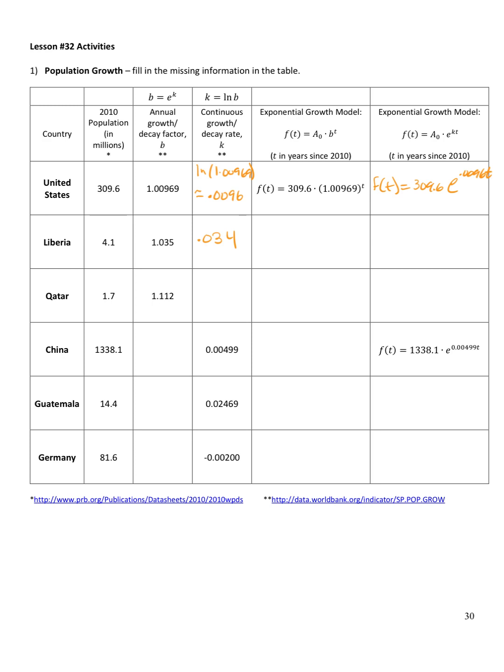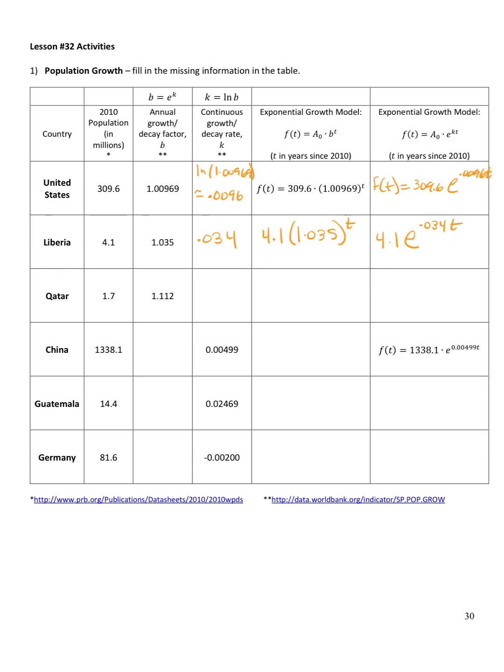And then I can plug the values I have into these two models. So F of T would be 4.1 times B, which is 1.035 to the T, or 4.1 times E to the 0.034 T.